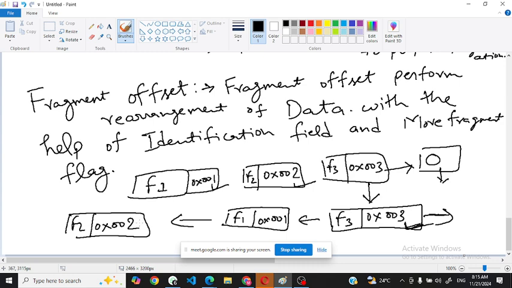So now by the identification field he will be able to rearrange the data, and by the more fragment field, the receiver can observe that all the fragments have come here. Okay, is it clear? Yeah. Okay, sir.